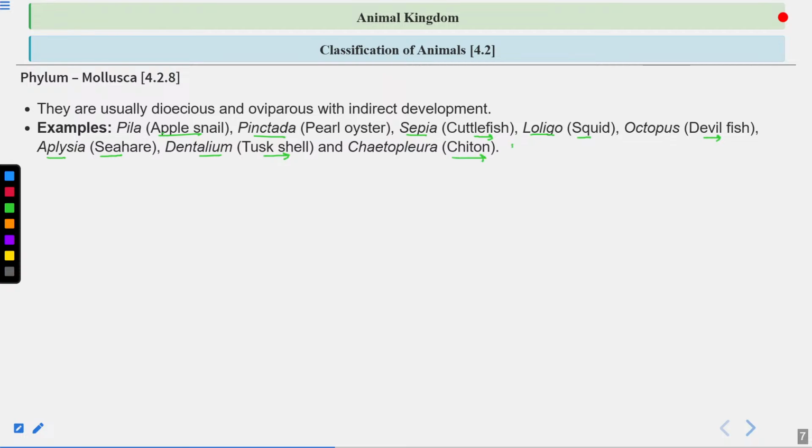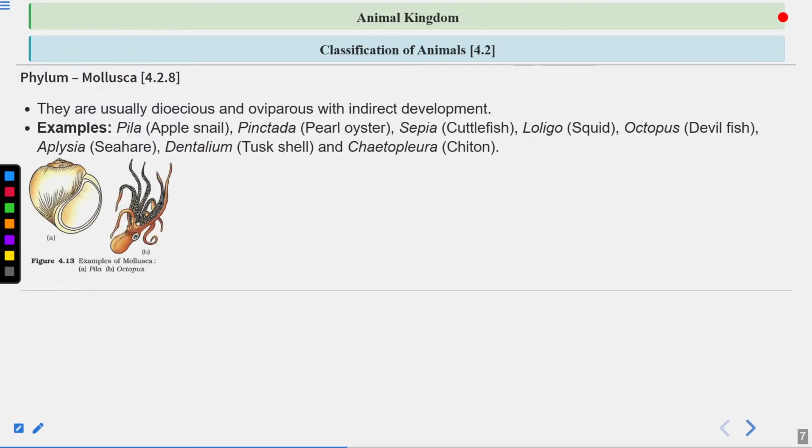So you should remember some of the examples of mollusks. You should remember the scientific name also, and you should remember the common name also. The common name is given in the brackets and the scientific name is also given here. These are the examples we've already seen, Pila, and this is the octopus.